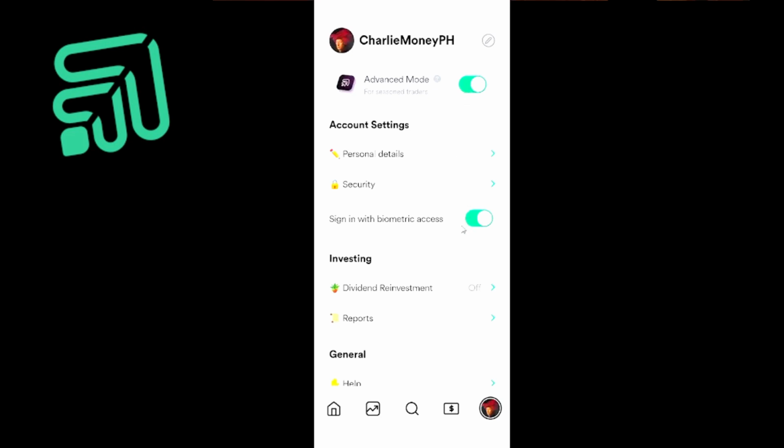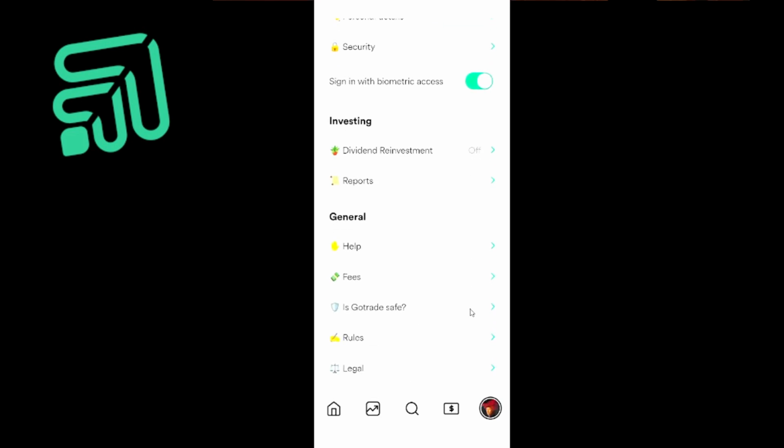Then you could switch on your biometric, and then your PIN number, and then of course details. And then you could also reinvest your dividend. If your stock has dividends, it will automatically reinvest it in the same stock that provides the dividends. And then you got your reports, health, etc., and then rules.